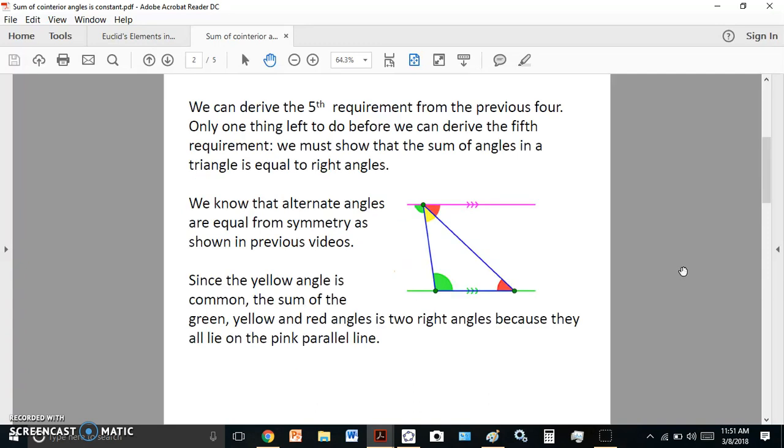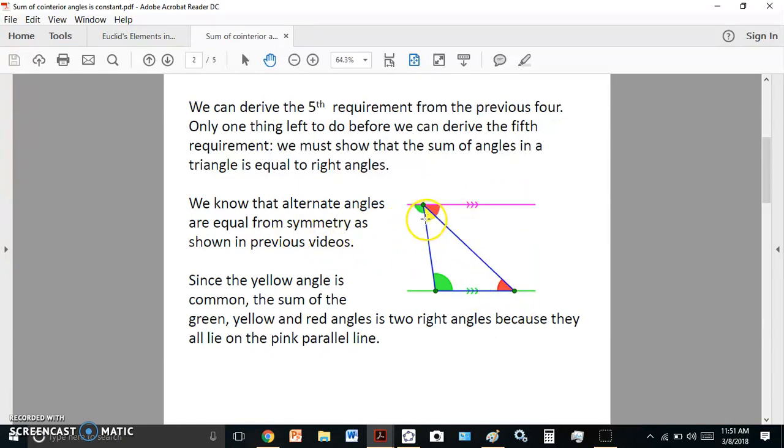So we can readily define it from the previous 4, but before we complete the derivation, we need to show that the sum of angles in a triangle is equal to 2 right angles. And that's pretty easy to do because from the previous episodes, we saw that the alternate angles, the green ones and the red ones, are equal. And we see that from symmetry, by the way.